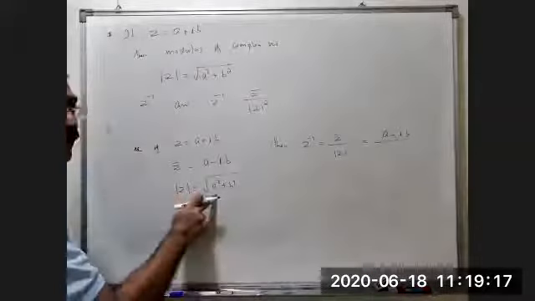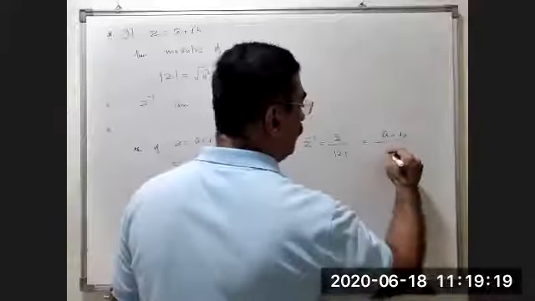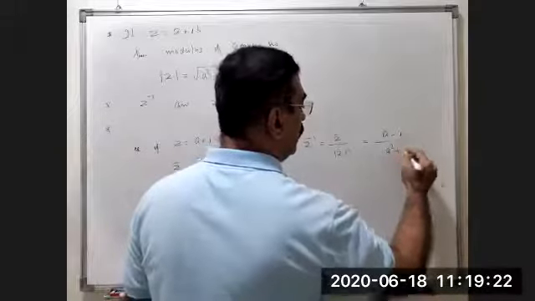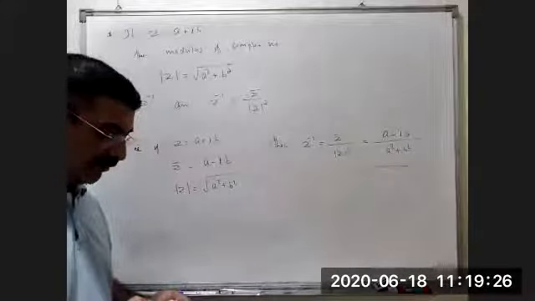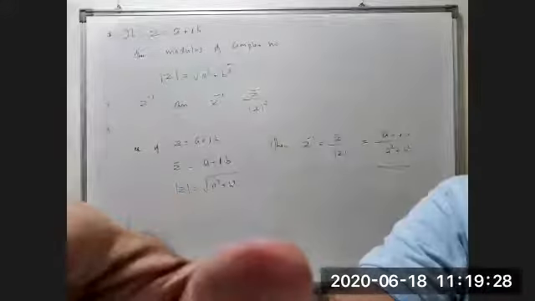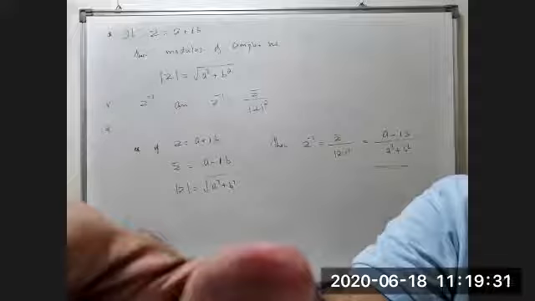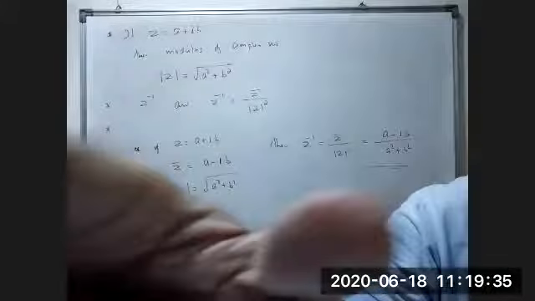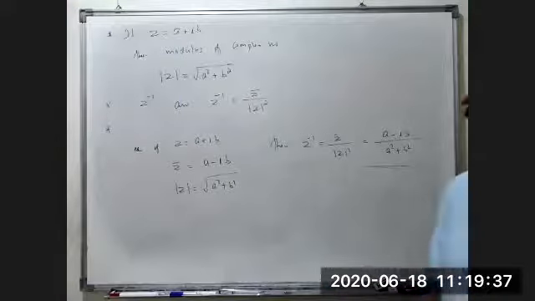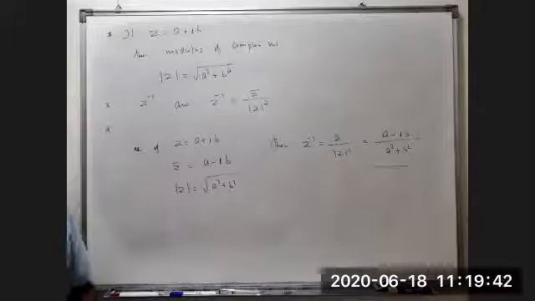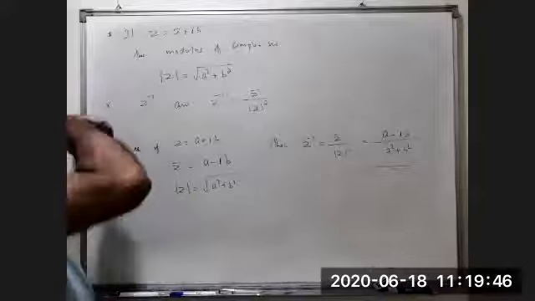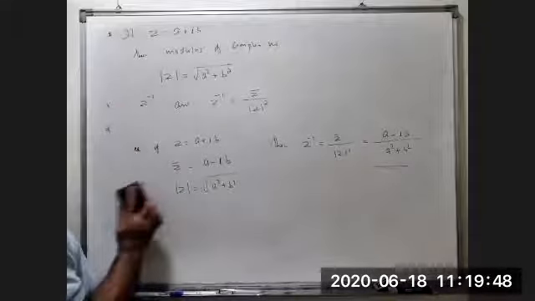Modulus is root of a square plus b square, so its square will be a square plus b square. These are the points to remember.